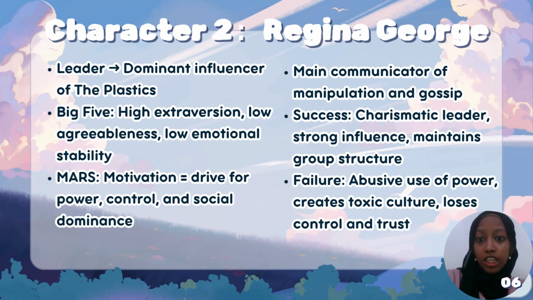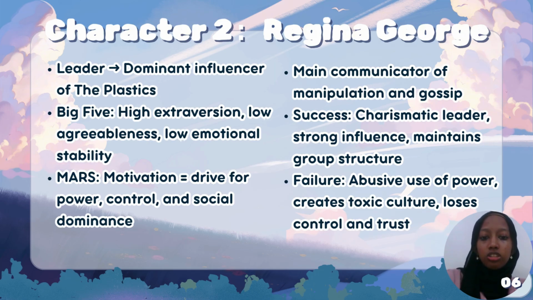In terms of communication, Regina's main tools are manipulation and gossip. She uses them as her way to influence others. Similar to how leaders in organizations sometimes use information strategically to keep authority, her leadership style is both autocratic and transactional. She rewards loyalty, like when Gretchen and Karen obey her, and punishes disobedience.